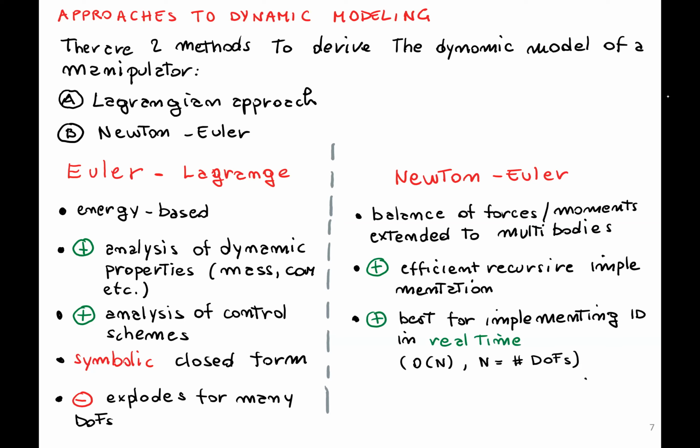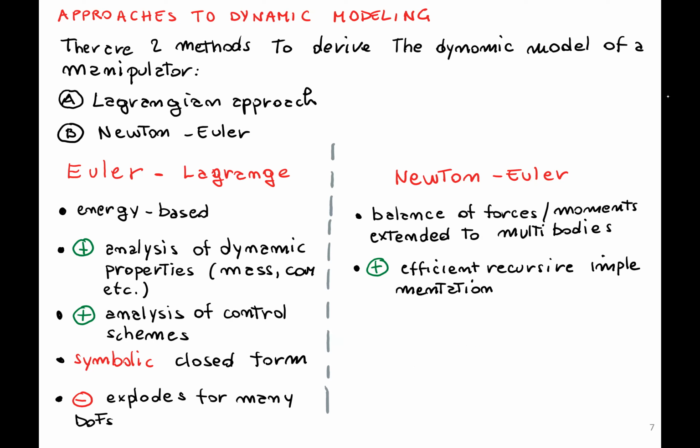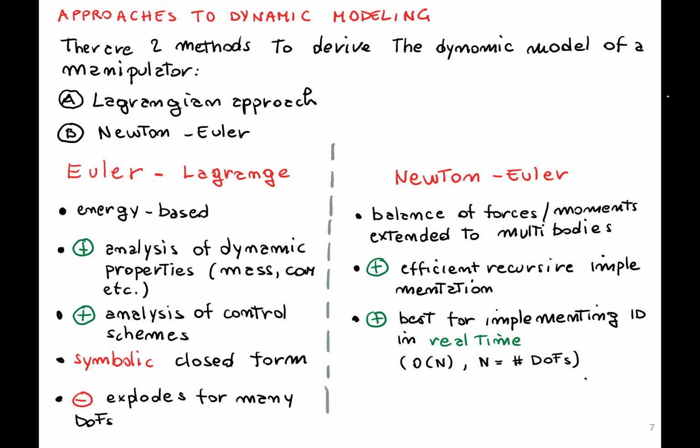And the recursion starts from link 0 to link n, computing kinematic quantities like accelerations, and then with the backward pass, it reverses the recursion from the last link to link 0 to compute the associated generalized forces. It's the best way to implement an inverse dynamics algorithm in real time.